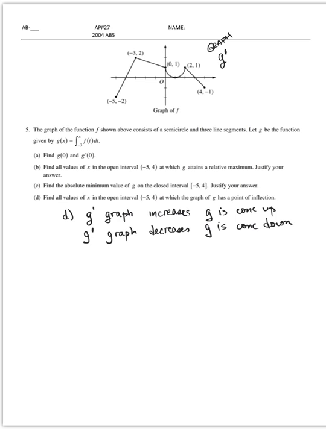So we trace the graph of the derivative of g from left to right. So let's do that. So we start from the left. So the derivative graph here is increasing. And then the derivative graph here is decreasing and keeps decreasing.